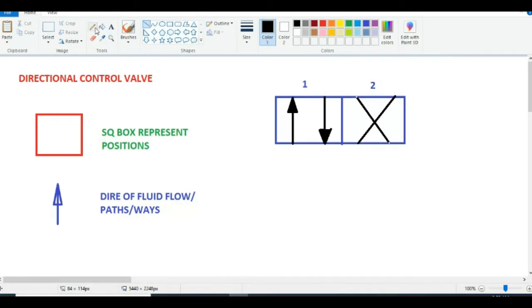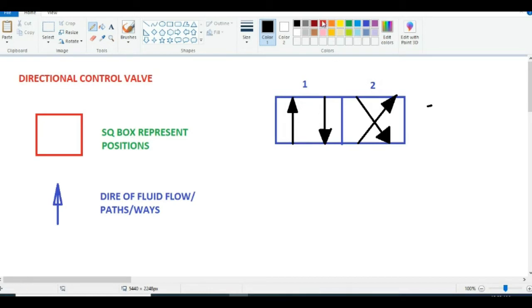If you show the arrows like this, it consists of two positions. And how many ways are we having here?